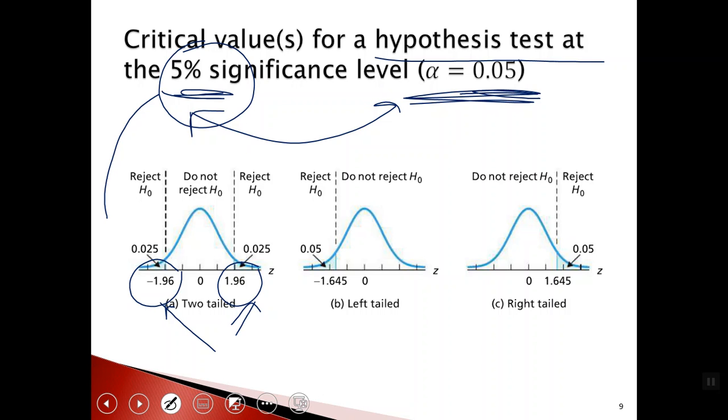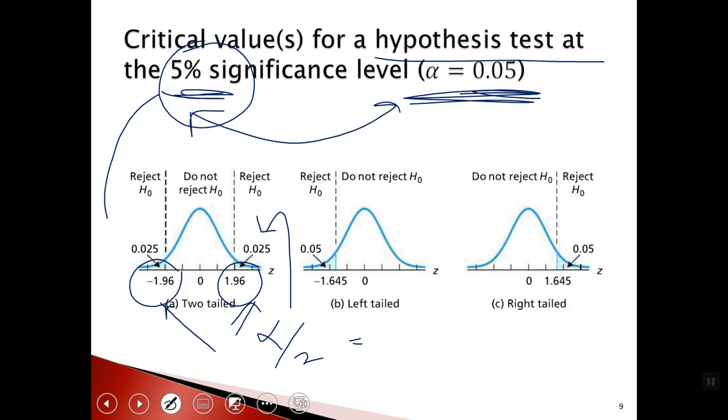You are considering 0.05, but remember, in the two-tail case you have to deal with alpha over 2, which means you have to divide your significance level by 2 to get these values.